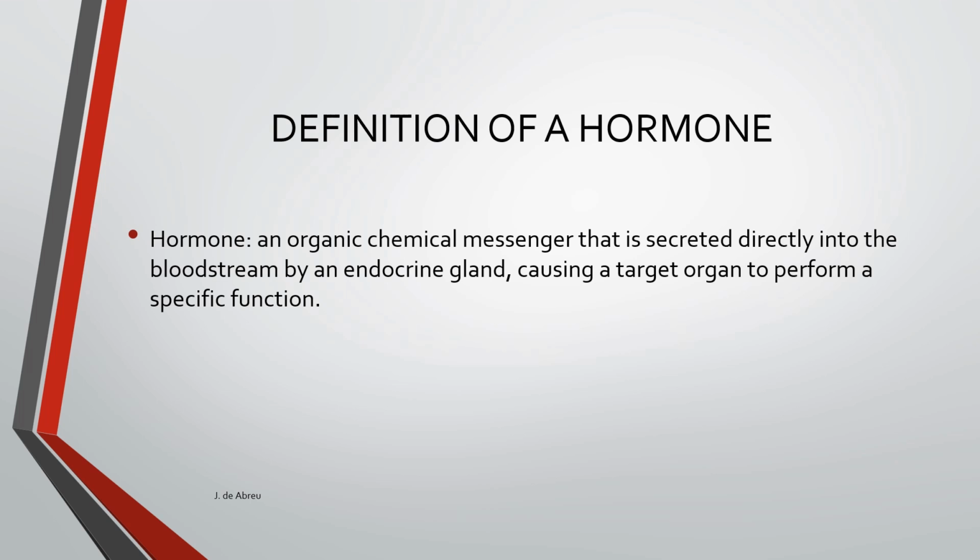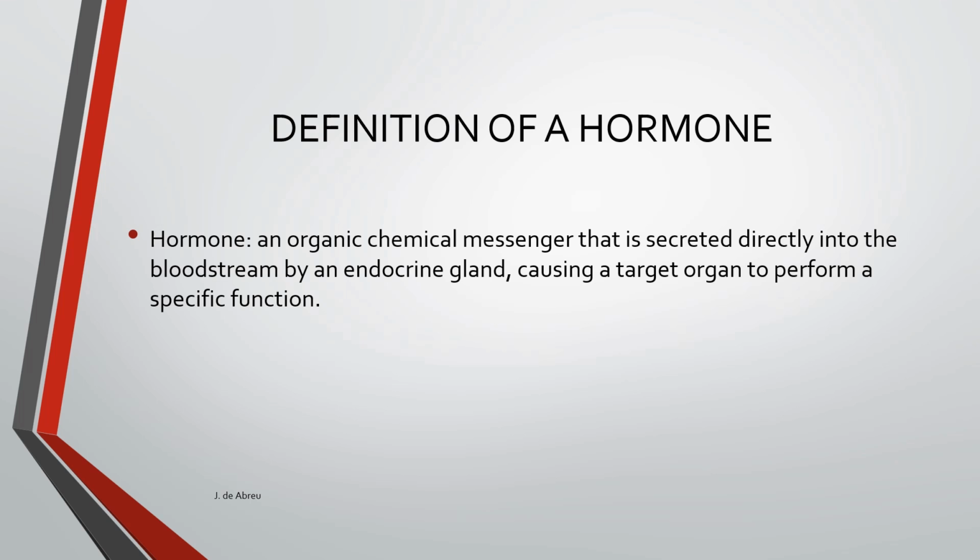But if you break it down, it is an organic chemical messenger. Chemical, it has a chemical property, okay? It is made up of chemicals. Messenger, it carries a message, okay? So it is a chemical substance that is carrying a message. And how does it carry a message?